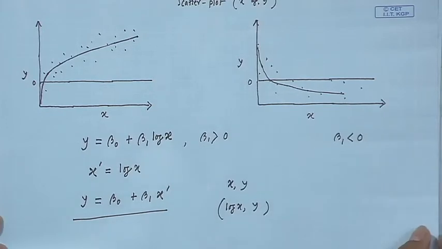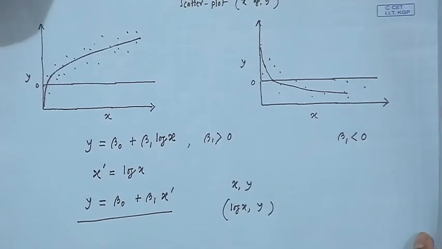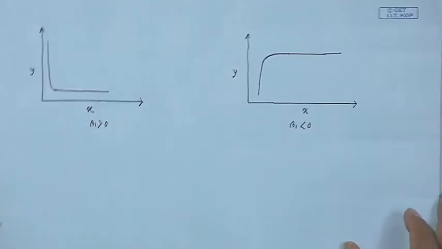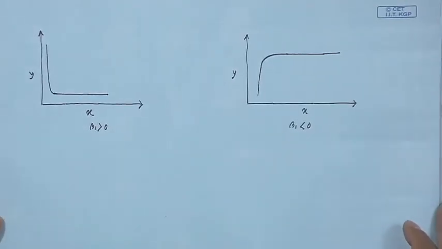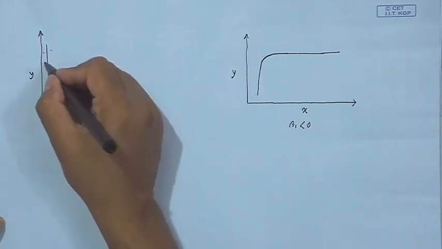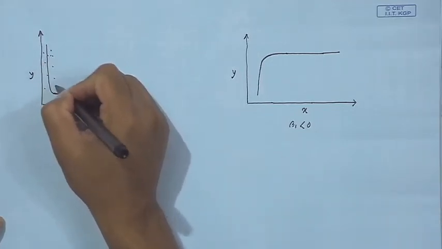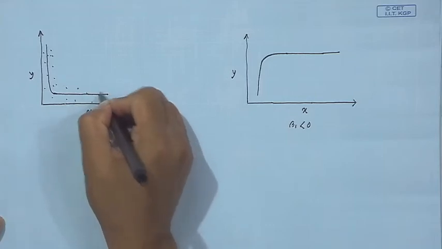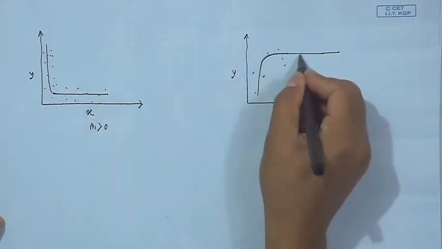Okay. And I give one more example and then stop here. Suppose your scatter plot is centered about this curve or this curve.